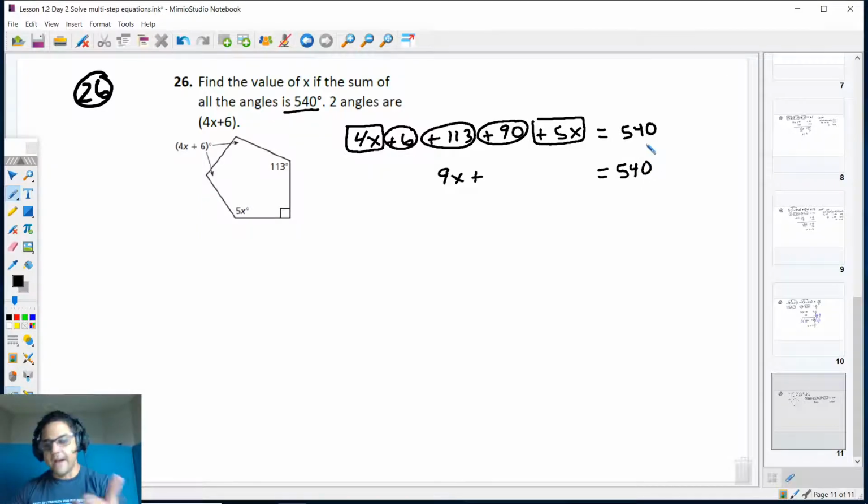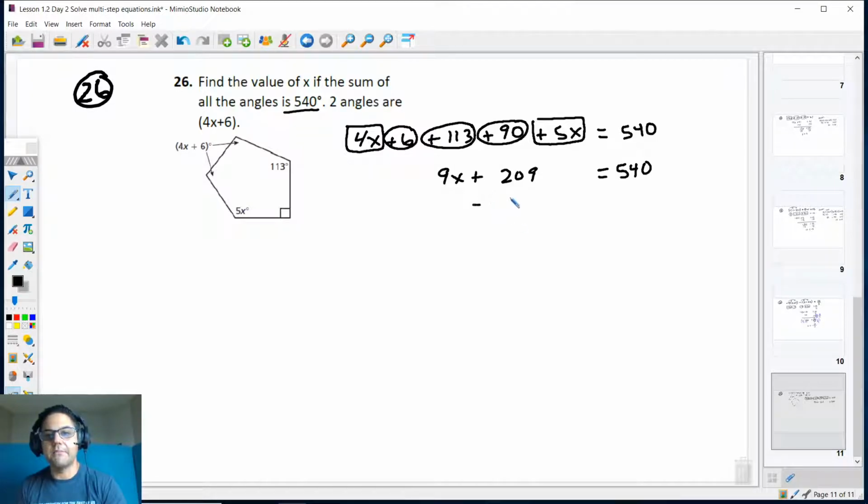Now, if you need to find that value, you could just bring up your calculator or your phone. If you can't do it in your head, you just type in 6 plus 113 plus, and don't forget the 90. That's a common mistake there. So I've got a 209. So I got a nice two-step problem.